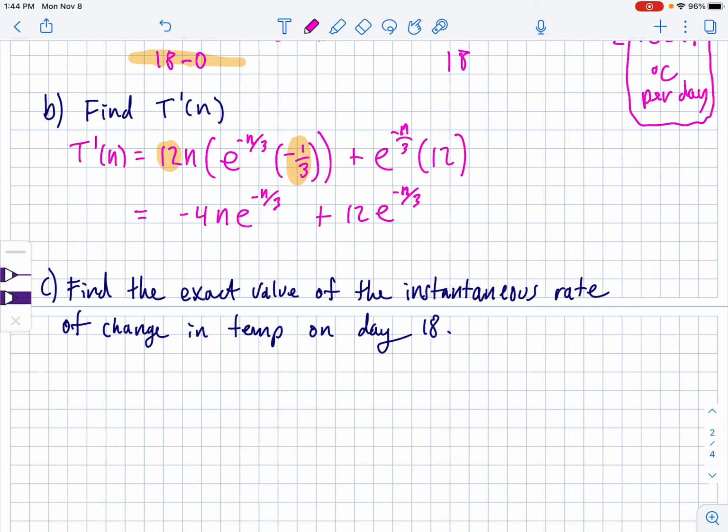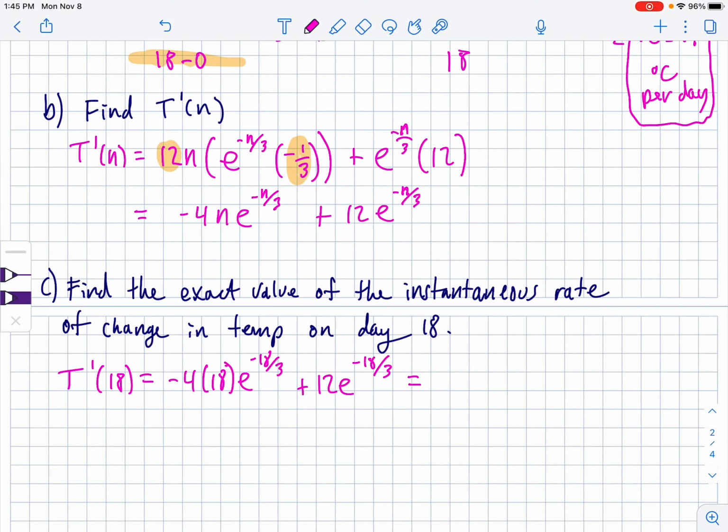Find the exact value of the instantaneous rate of change on day 18. Well, that's just going to be putting 18 into our derivative. So T prime of 18 is negative 4 times 18 e to the negative 18 thirds plus 12 e to the negative 18 thirds.